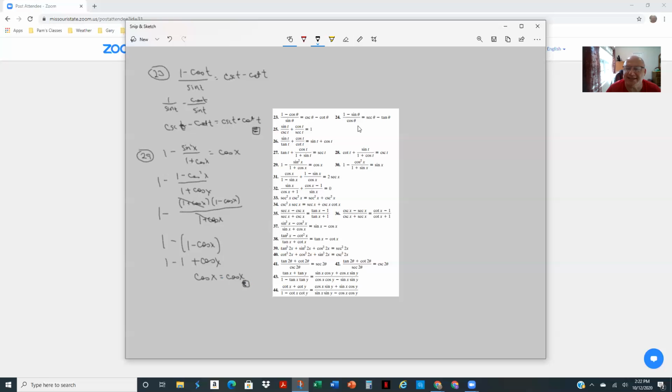I always thought this one's kind of surprising because when I first saw it, I said, no way that can be the same thing, but they are. Secant squared of x times the cosecant squared of x is equal to the secant squared of x plus the cosecant squared of x.